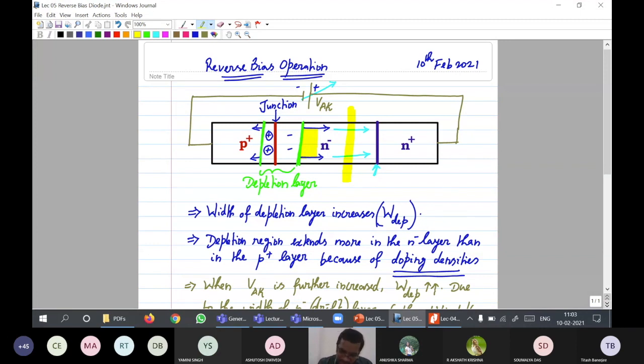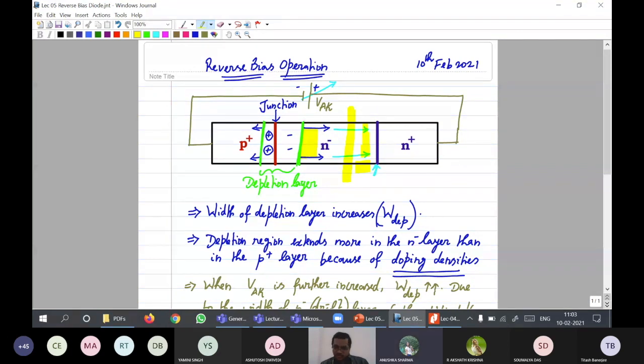Which means the remaining width of the N minus layer is not utilized for blocking the applied reverse voltage. Rather, it is used for not touching this N minus N plus interface. That is non-punch through structure. Did you understand this point?